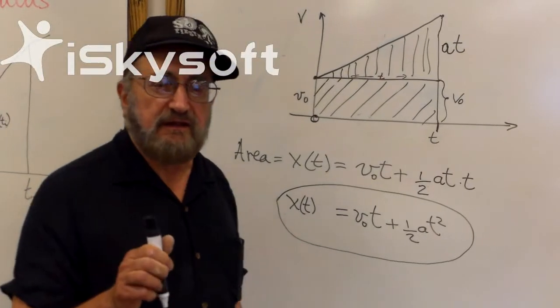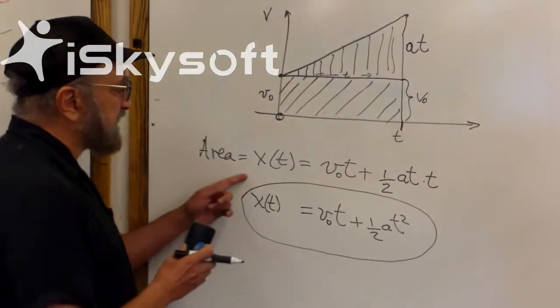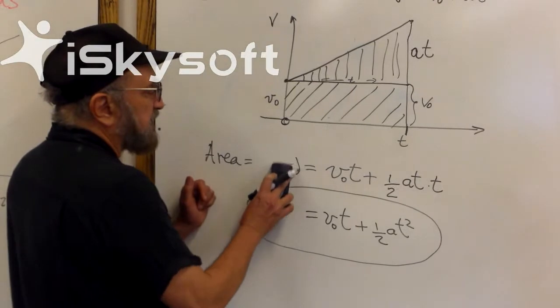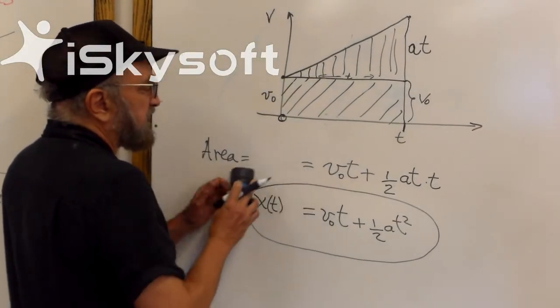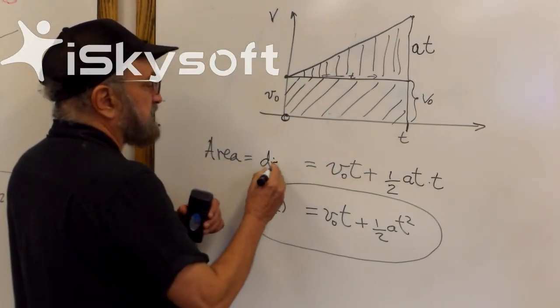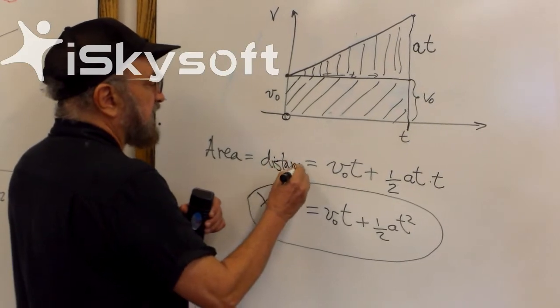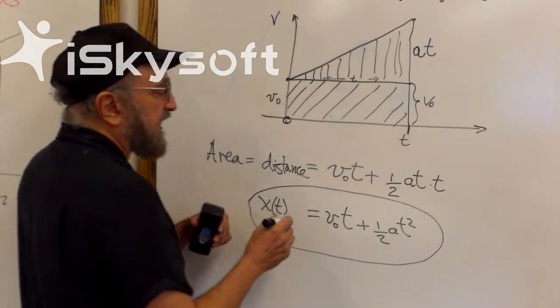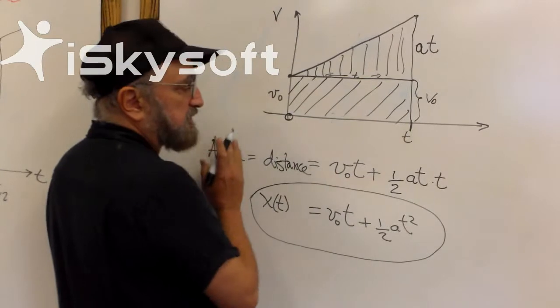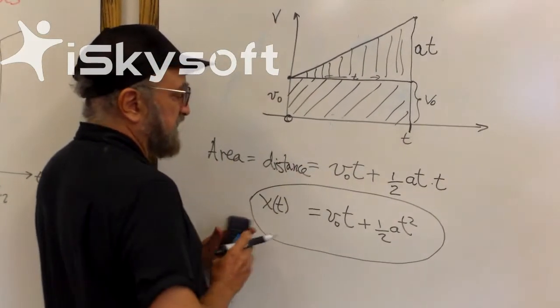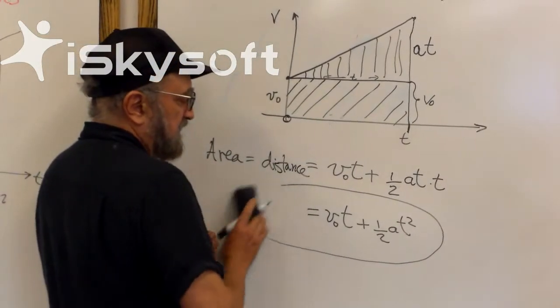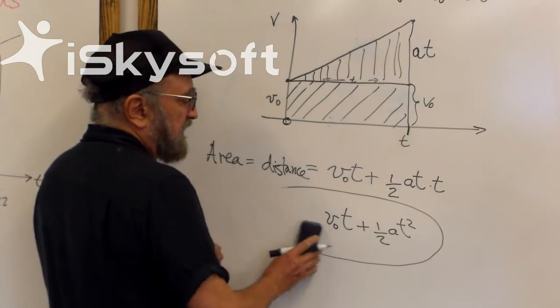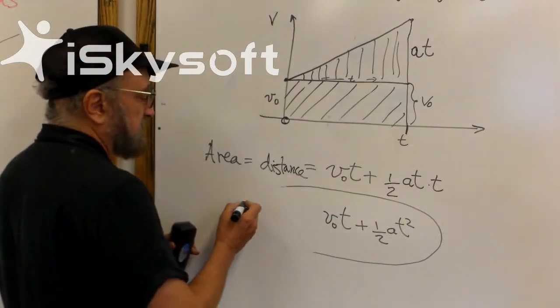Okay, but wait. What I've really calculated here shouldn't be called x of t, because it's really the distance traveled in the time t. And I could have started at x equals x0. This is only x of t, as I wrote here, if I had started at t equals 0.